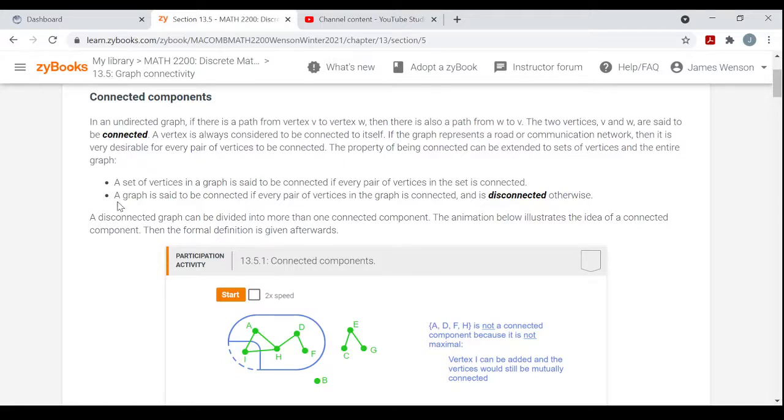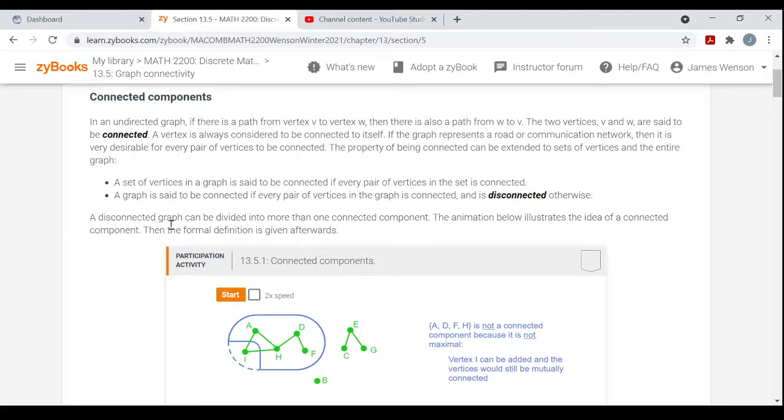And then the entire graph: a graph is said to be connected if every pair of vertices in the graph is connected. And it's called disconnected otherwise. So that means if you can find a single pair of vertices that aren't connected, then the graph's called disconnected.